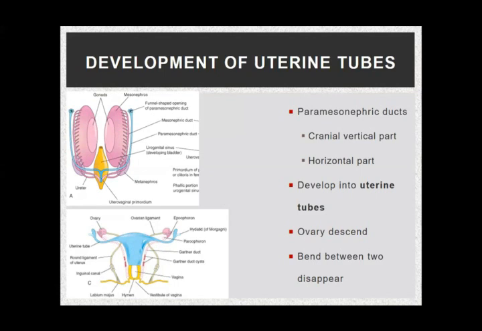As it descends and comes down into the pelvis, the bend between the vertical and the horizontal parts of the paramesonephric duct is straightened out when the ovaries descend from the abdominal wall and come down into the pelvis where they are lying. Take a look at this.